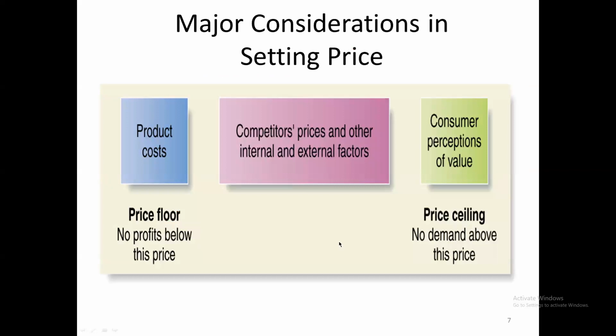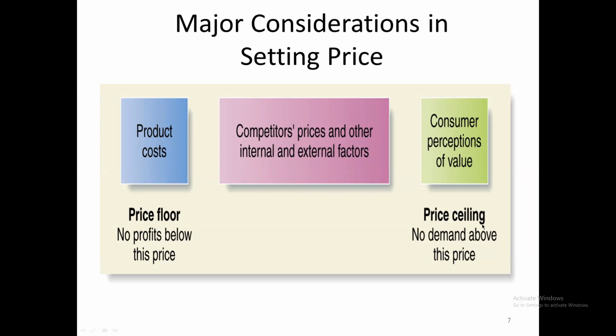There are major considerations in setting price. Number one, we have to look at the price floor. Then what is the price floor? The price floor is the production cost, with no profits below this price. If we go below this price, then there will be no profit and we may go into bankruptcy.